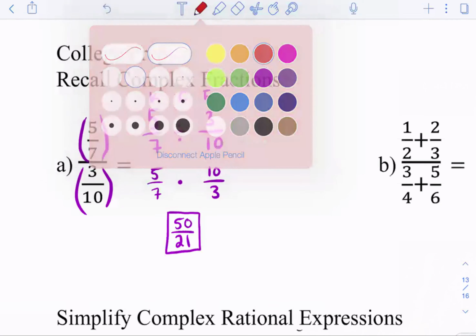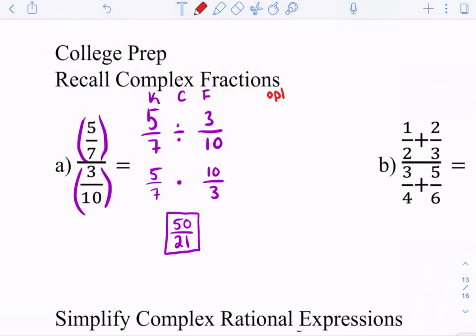Another way, so here's option number 2, is when you have 5/7 over 3/10, you can get a common denominator between the 7 and the 10. So a common denominator between 7 and 10 is 70.